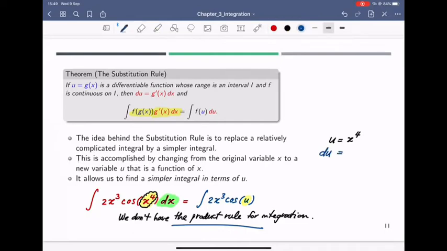if you want to differentiate u with respect to x, you get du by dx equal to 4x cubed, right? And if you write it in the differential form, this is going to be du equal to 4x cubed dx. This is the differential form.